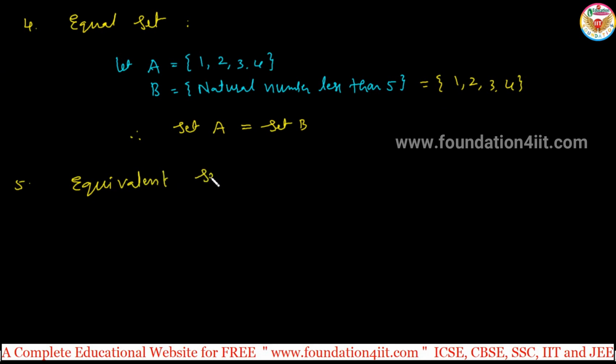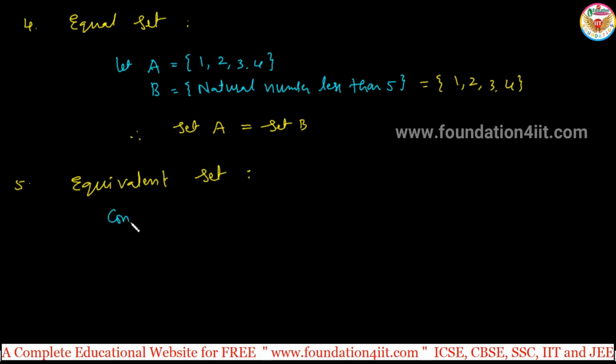Next, fifth one. Equivalent set. Difference between equal and equivalent. Equal set is elements should be same, and equivalent, the two sets are said to be equivalent if the number of elements in both sets are equal. Only number of elements. Consider set A. A is having elements x, y, z.